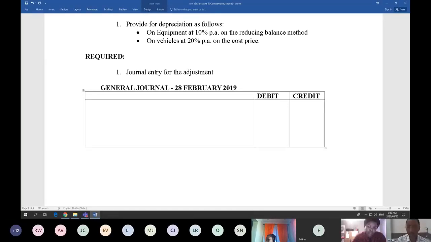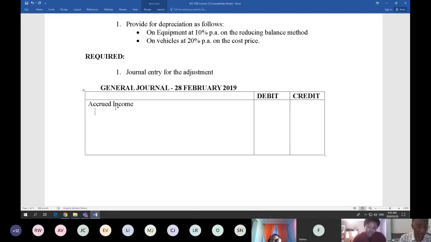So we have not received the rental for the month of February. That is classified as accrued income, which is an asset. Somebody is owing us money. Debit your account accrued income, and you credit your account rent income.